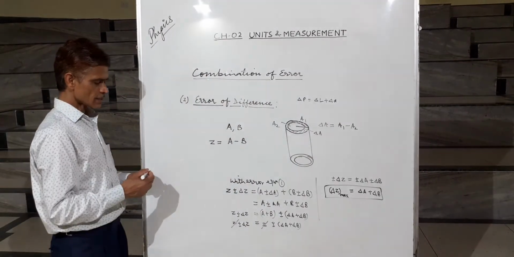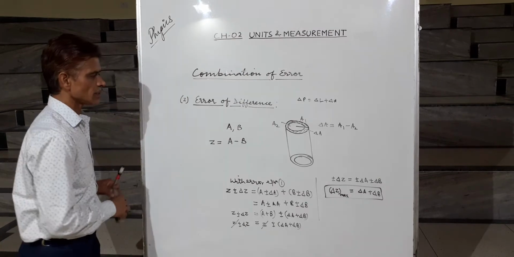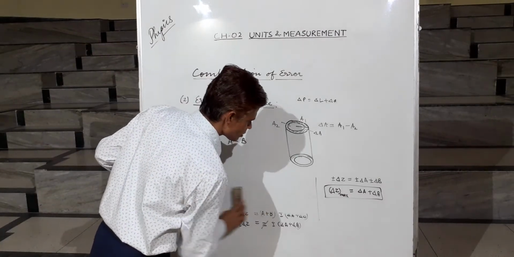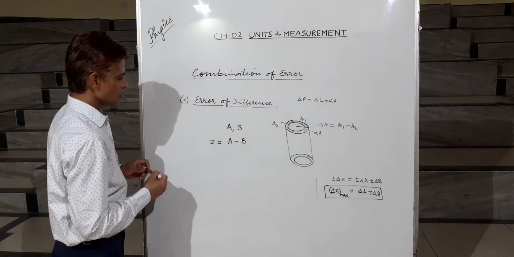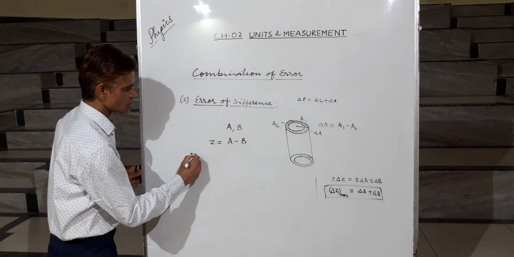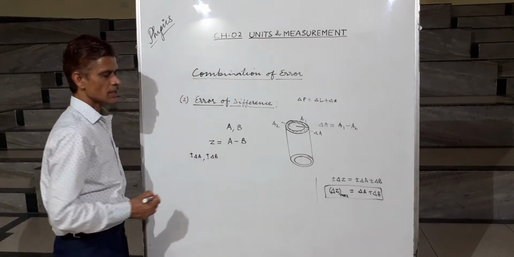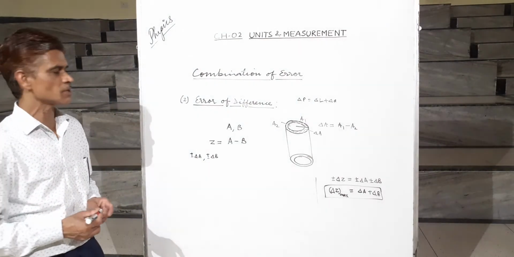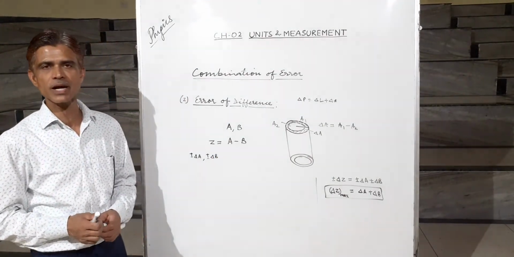So in that case, how do we determine the error in the measurement of Z? In the same way as earlier, we will suppose that plus minus delta A and plus minus delta B are the absolute errors when we measured quantity A and quantity B separately.